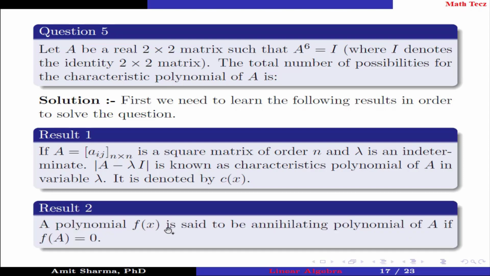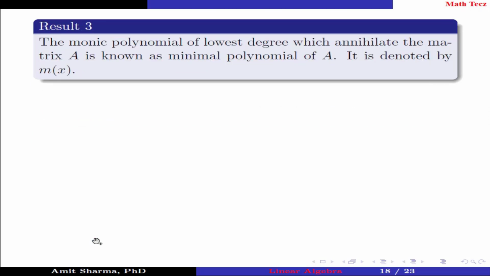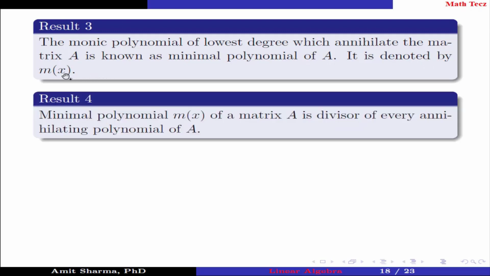A polynomial f(x) is said to be an annihilating polynomial of A if f(A) is 0. Result number 3. The monic polynomial of lowest degree which annihilates the matrix A is known as the minimal polynomial of A. It is denoted by m(x).